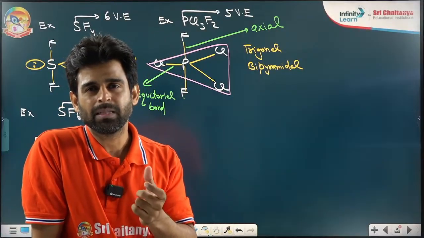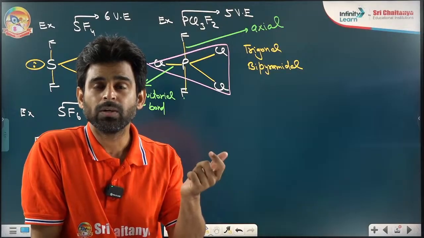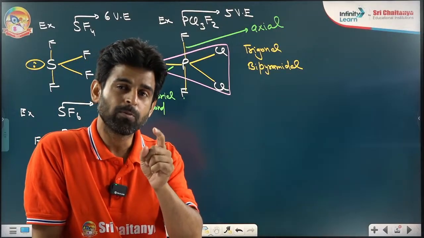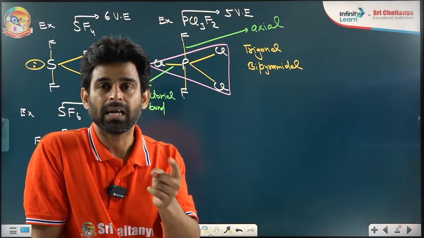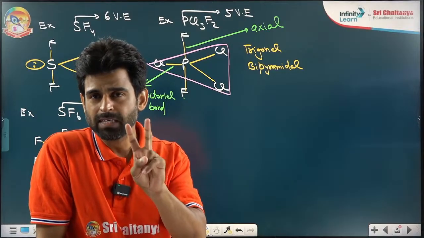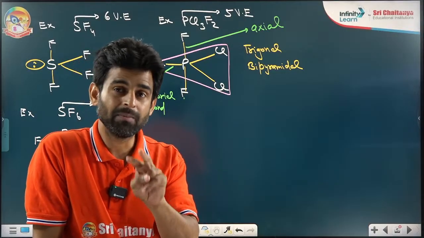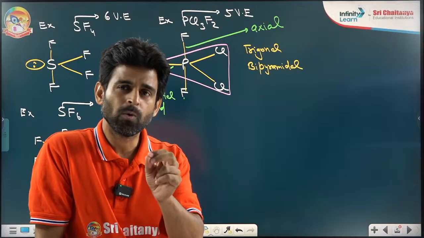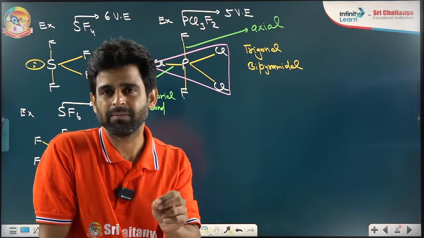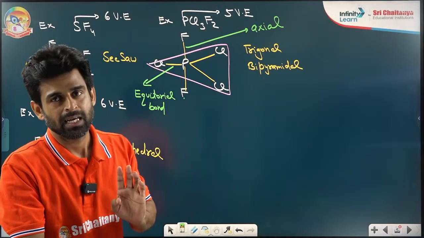So now one question comes to mind sometimes, sir. Is it possible that I put the fluorine on equatorial and I put chlorine on axial? If there are 2 different types of atoms available, then you will put the more electronegative atom on the axial, right?